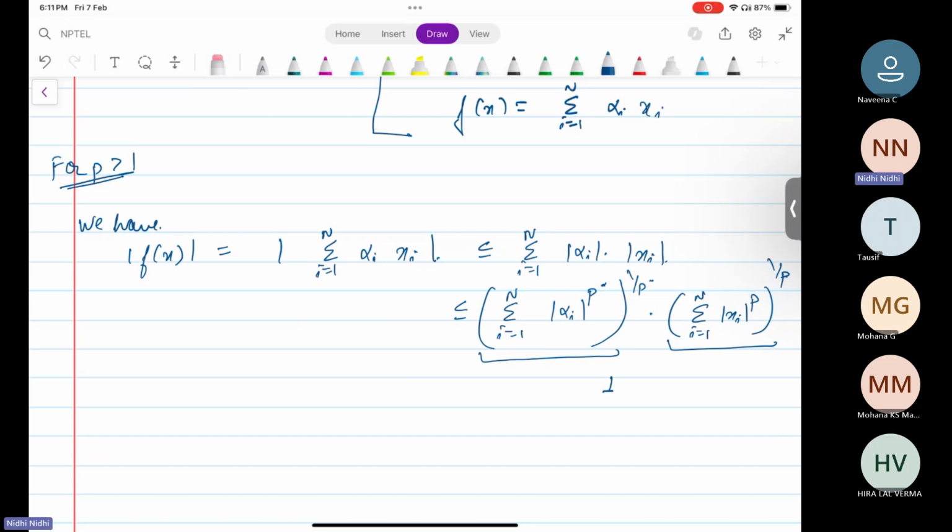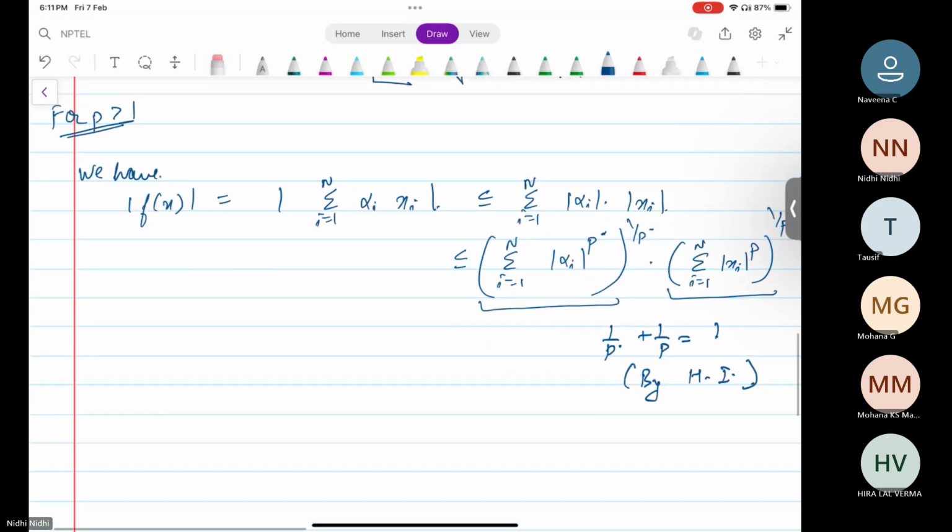Here 1 by p star plus 1 by p is equal to 1 by Hölder's inequality. Now this is equal to the p star norm of alpha times the p norm of x, where alpha is alpha 1, alpha 2 up to alpha n.